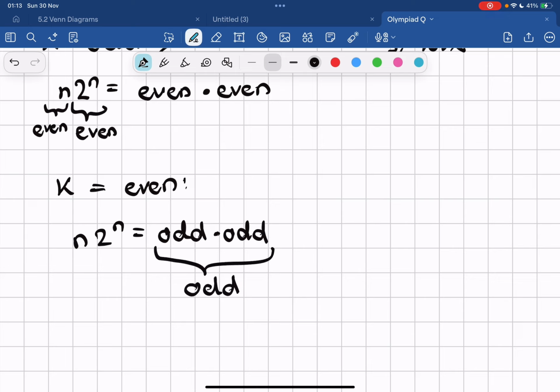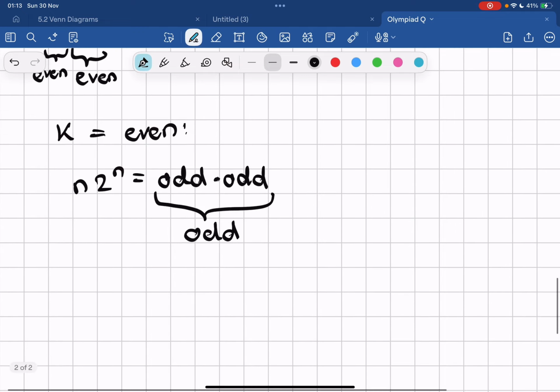We can take the example 3 times 7 is 21, 5 times 9 is 45, always getting odds. And if you look at our left hand side, we've got n times 2 to the n, so we've got n, which you don't know is even or odd, times an even. Now any number times an even is even, so this expression cannot work.